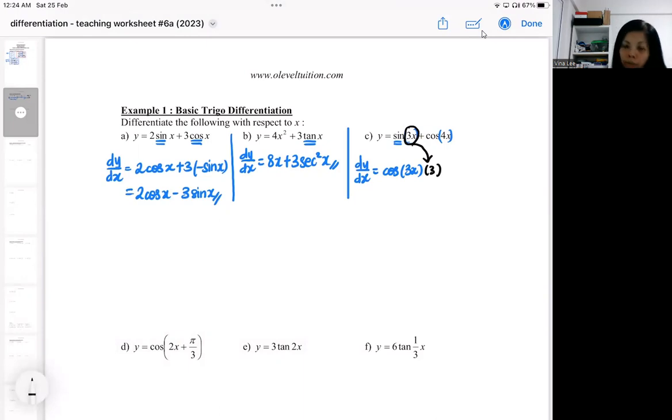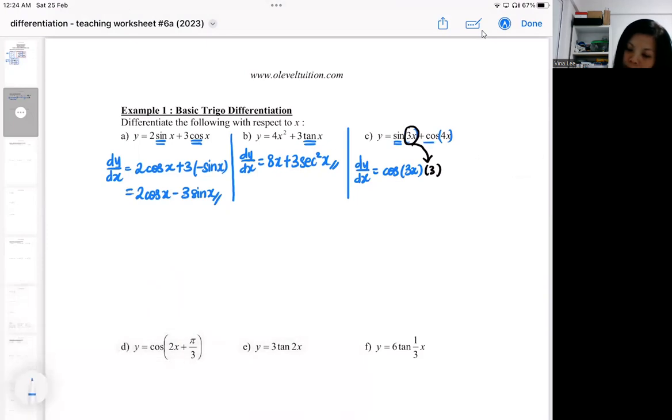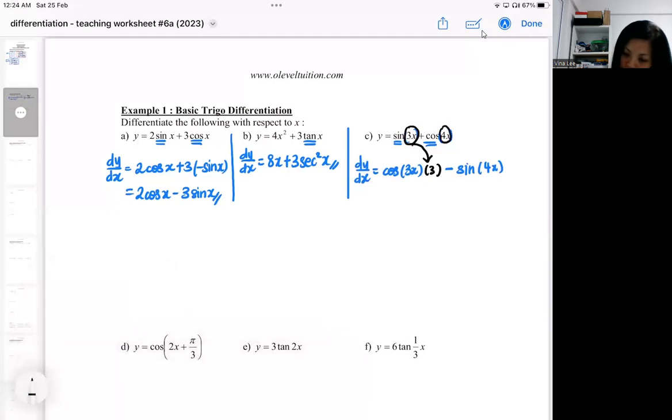Differentiating 3x gives a 3. Next, cosine 4x. When you differentiate cosine, you will get a minus sine 4x. The angle doesn't change. Then after that, I additionally differentiate the angle.